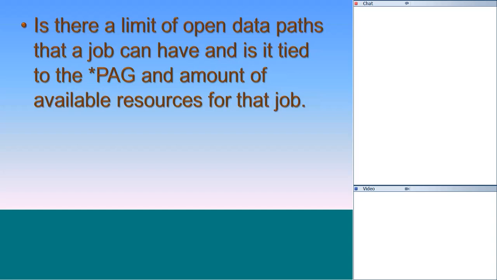And if too many jobs have too many open data paths and the PAGs are too big and you're a bit constrained on memory, the operating system is swapping PAGs in and out of memory continuously, so that it actually doesn't have any time to execute any job instructions. This is known as thrashing, and your machine comes to a grinding halt.